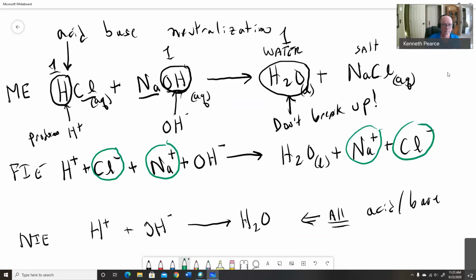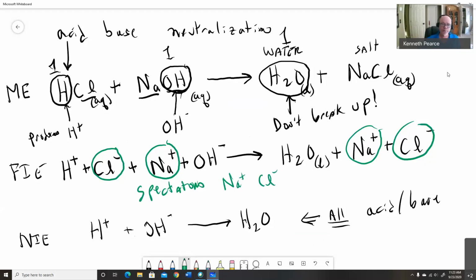That's going to be our net ionic. And like I said, all acid-bases are going to have the same net ionic. It'll be 1 to 1 to 1, or 2 to 2 to 2, or 3 to 3 to 3. It'll be one of those. And so our spectators are the ones in green, and that would be the sodium ion and the chloride ion.